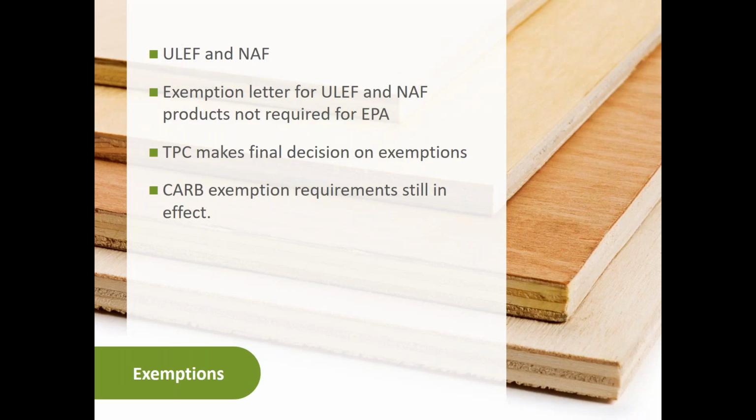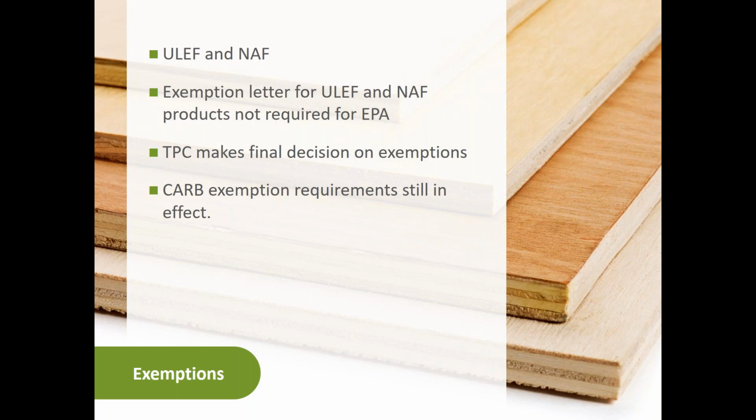Next slide. The exemptions for EPA have not changed from CARB. It is still available for ultra-low emitting formaldehyde and no added formaldehyde composite products. However, an exemption letter that is utilized for CARB for ULEF and NAF is not required by EPA.